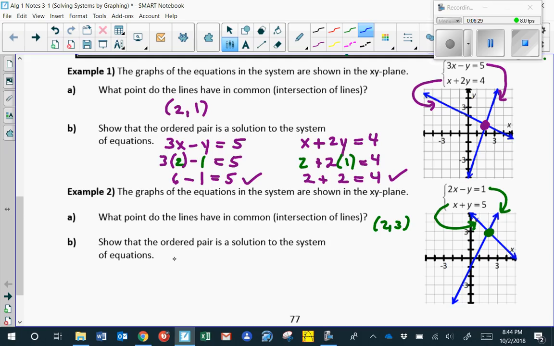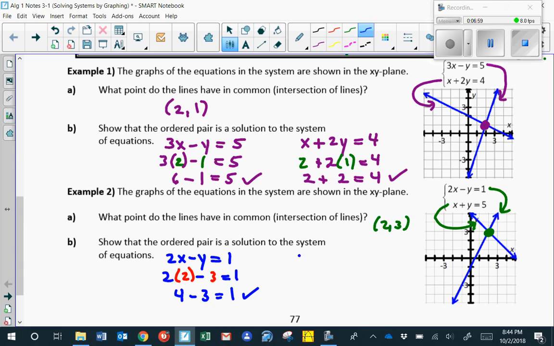So equation number 1 is 2x - y = 1. So I'll replace the x with 2, and I'll replace the y with 3. 2 times 2 is 4. 4 minus 3 is 1, so that point is a solution to the first equation.